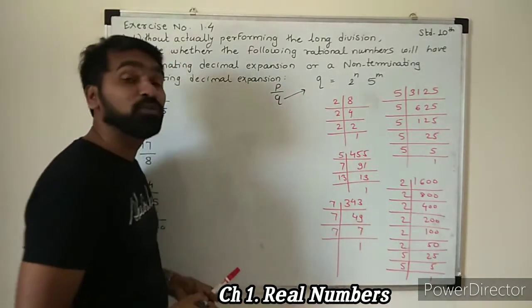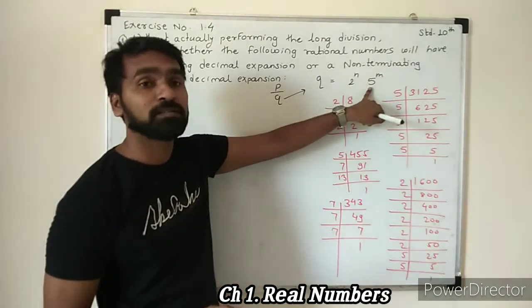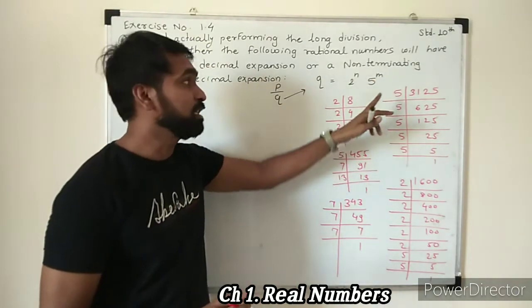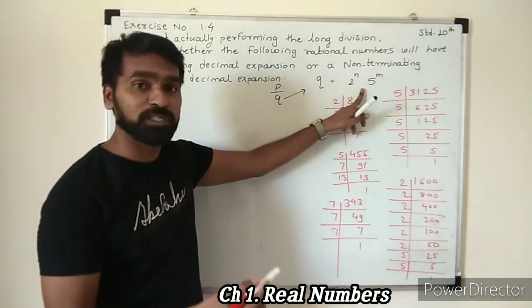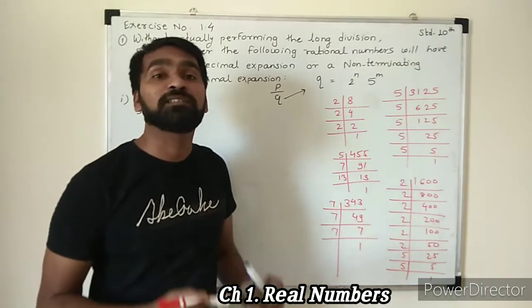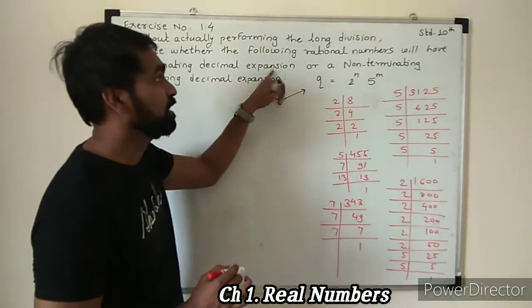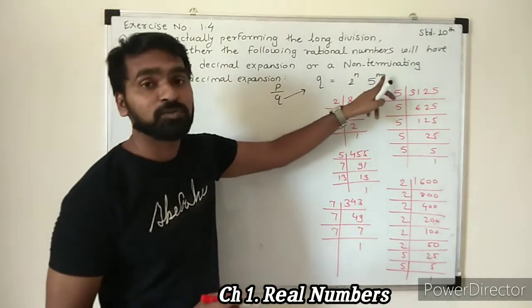Here q is equal to, suppose, 2 raised to n, or 5 raised to m, or both. If the denominator is in the form of 2 raised to n and 5 raised to m, that time the rational number has a terminating decimal expansion.